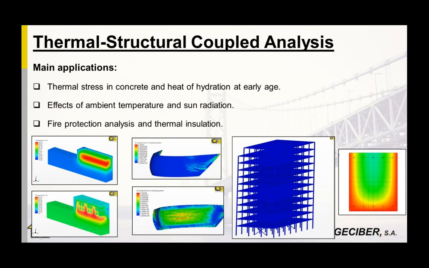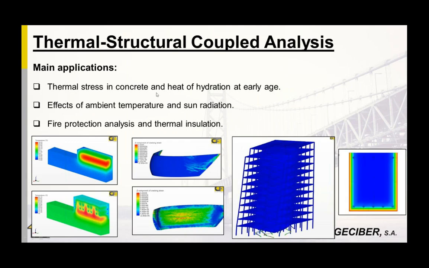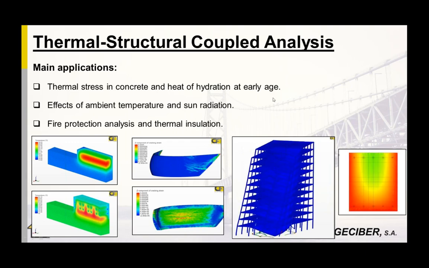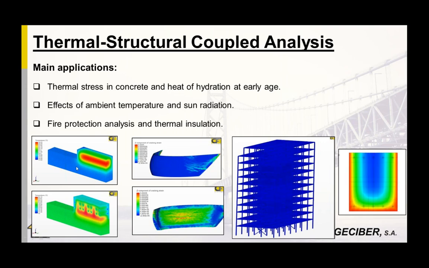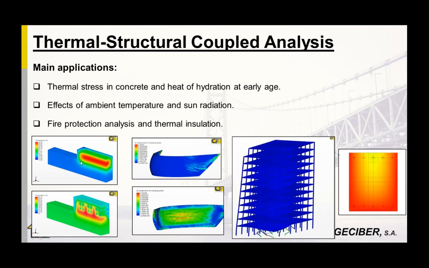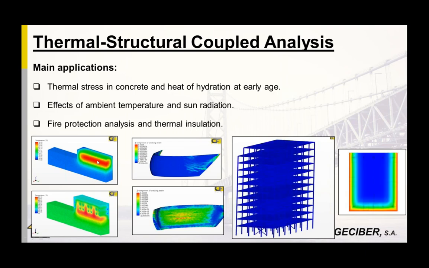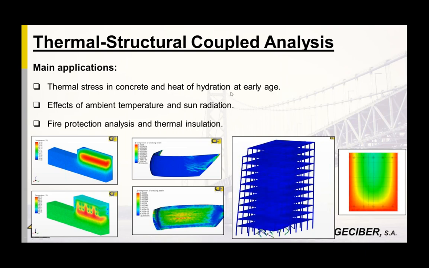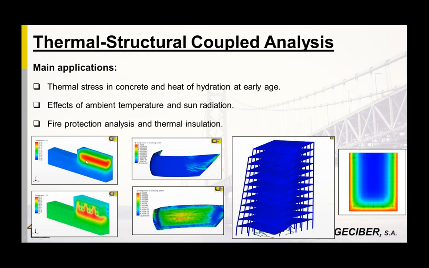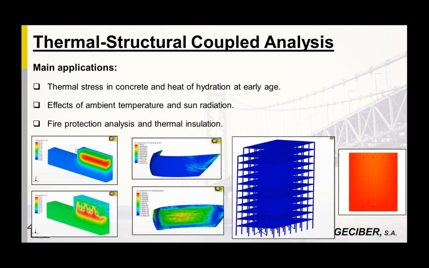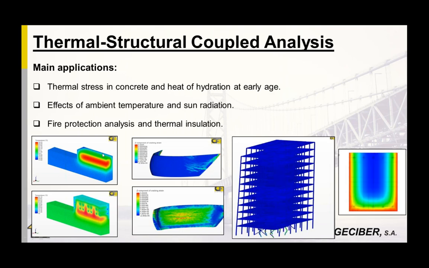So the main applications for this are, as an example, the thermal stress in concrete and heat of hydration at early age. For early age concrete, an example here: we are placing different concrete blocks, pouring this concrete, and analyzing the first step, which is the heat of hydration due to the cement, which is creating excess thermal stress, and we can also consider ambient temperature.